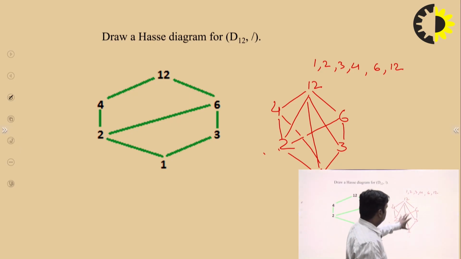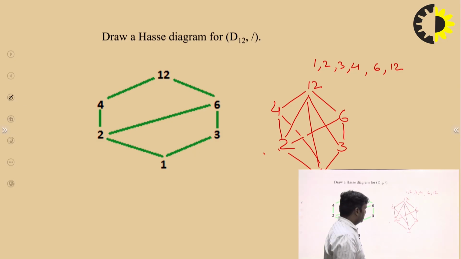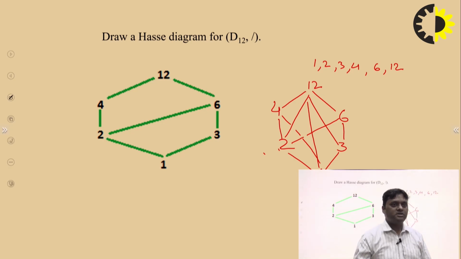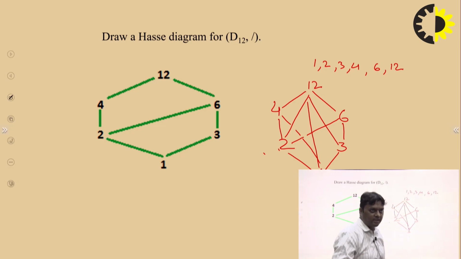This is a structure of D12, the divisors of 12, but it is not a Hasse diagram, as we see that in step 4 we have to remove all transitive relations. Then 1 2 is here, 2 4 is here, then we have to remove 1 4, because 2 is divisible by 1, 4 is divisible by 2 and 4 is divisible by 1.